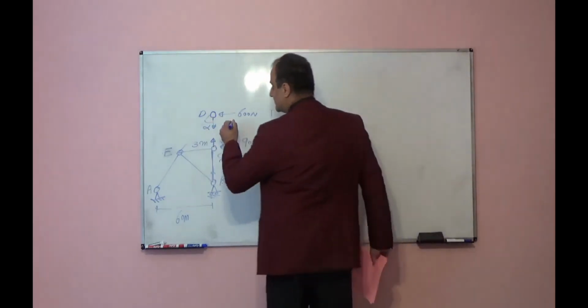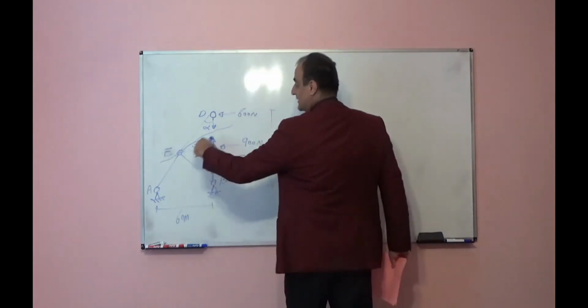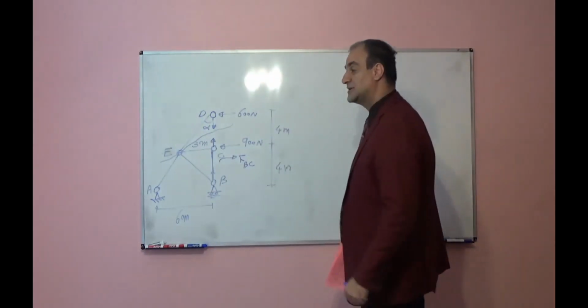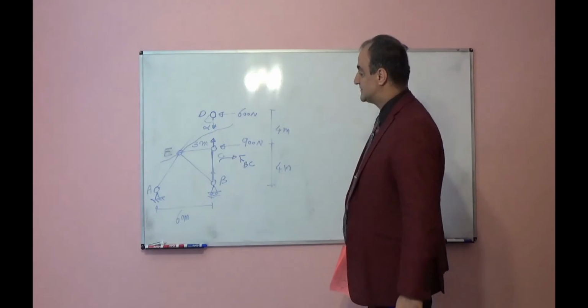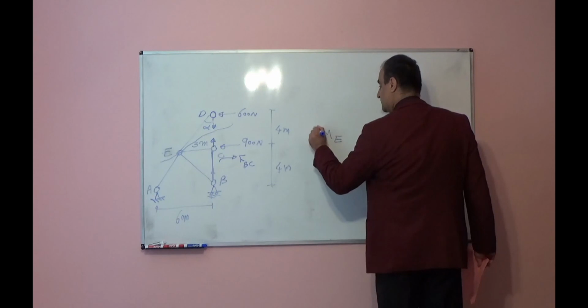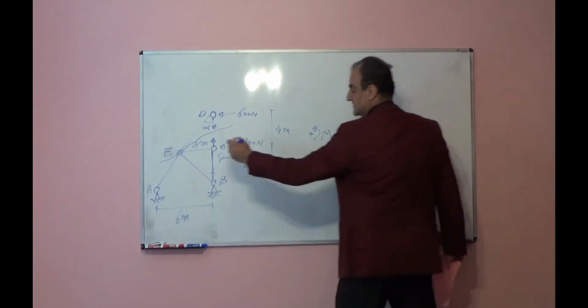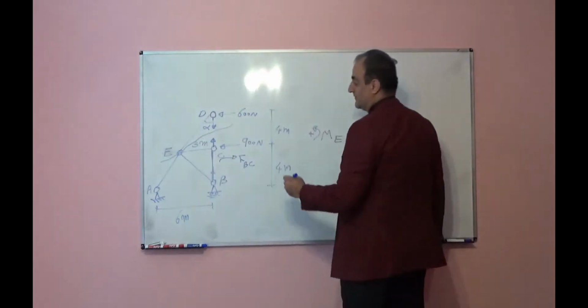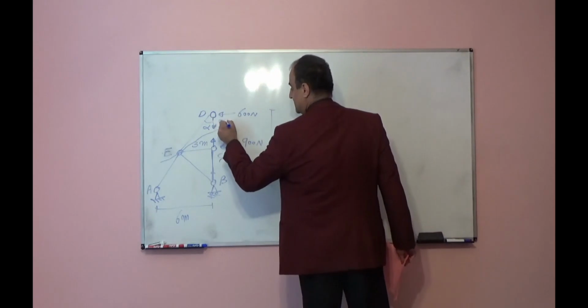So if I cut this member through E and I keep top side and write summation of moment respect to point E, summation of moment respect to point E is equal to 0 for top side. What I have, this is FDC.